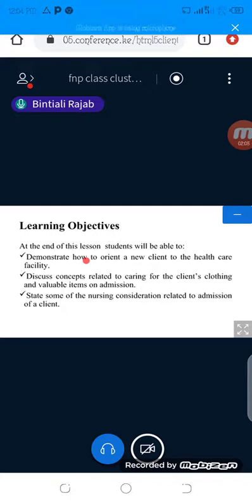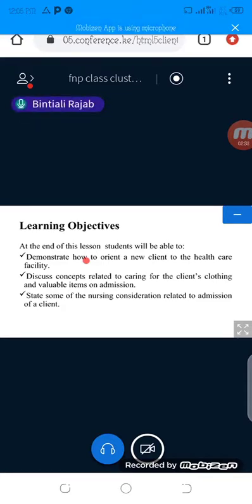So the learning objectives. By the end of this lesson, you should be able to demonstrate how to orient a new client to the healthcare facility. This patient that you have admitted, how are you going to ensure that they are oriented to the surroundings?